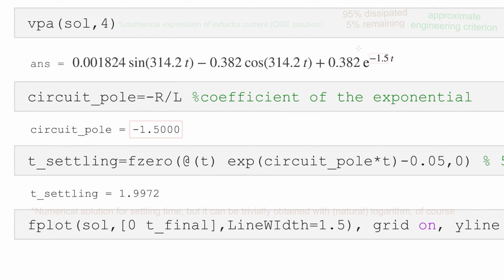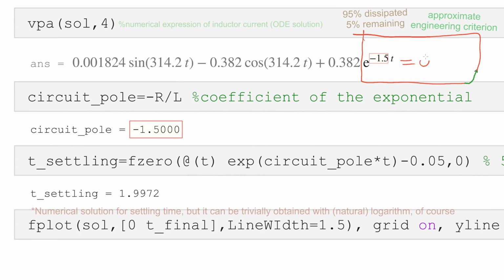So if I equate this exponential to 0.05, then the solution will be the time in which the initial exponentially decaying component, well, when time is 0, this exponential takes the value 1, so this 0.38 volts is at 100% presence.